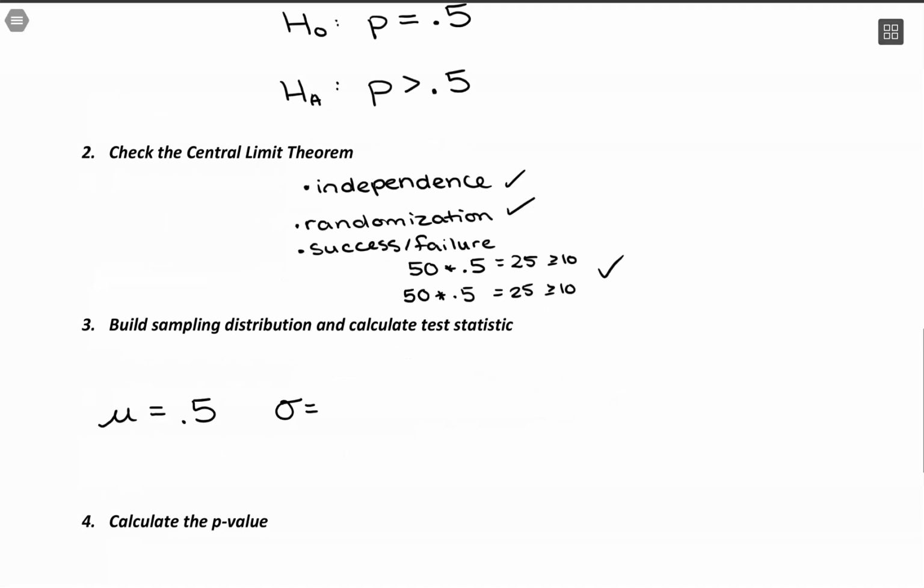And then for standard deviation, square root of 0.5 times 0.5 over our sample size of 50. And that's going to give us a standard deviation of 0.0707.